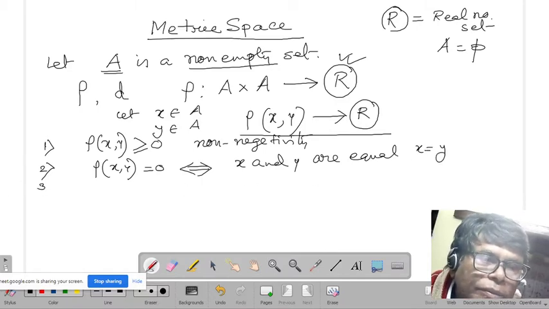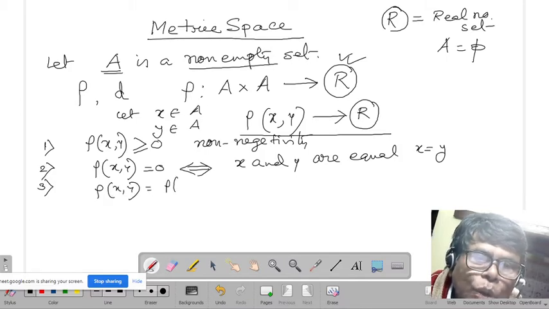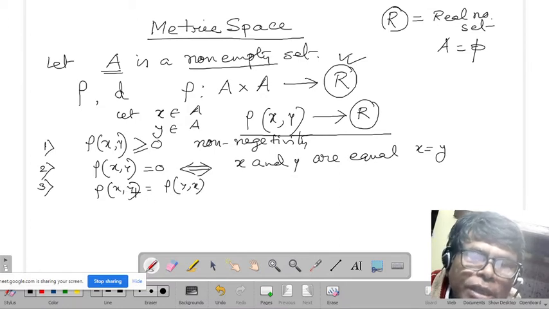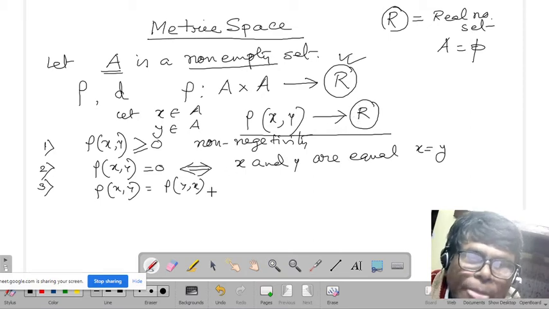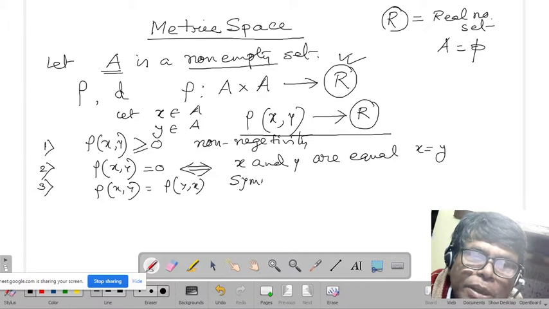Number 3 is rho xy is equal to rho yx. That means if you change the role of x by y and y by x, the value will not change. This is called the symmetricity property.